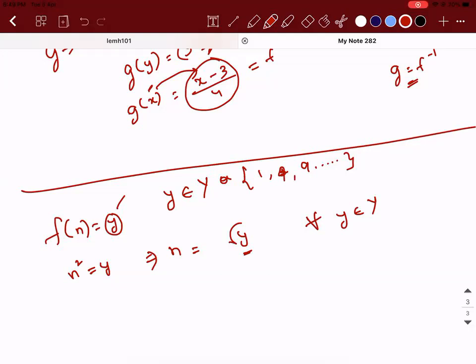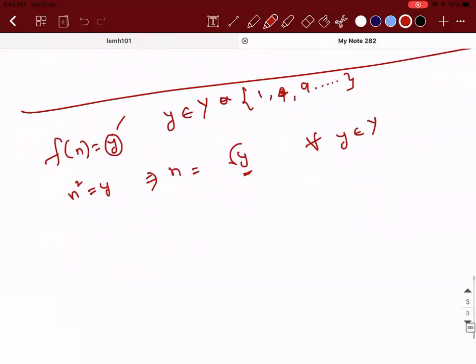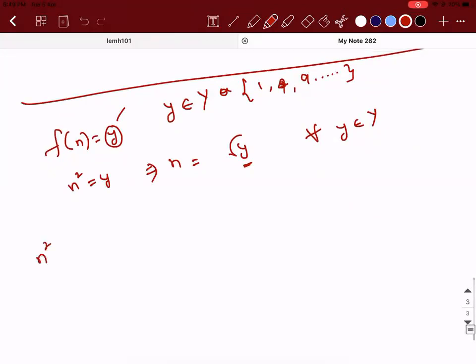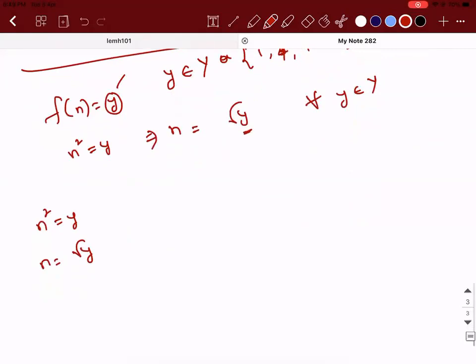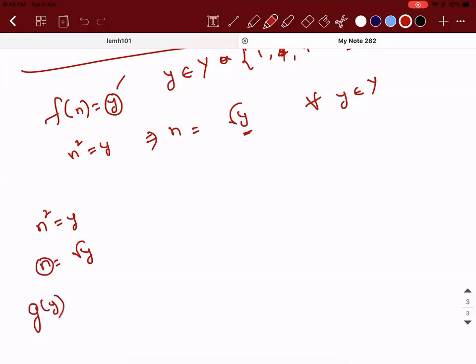Done. Now what is the next step? Finding the inverse of it. Finding the inverse, range and onto function all follow the same steps. First step, n square is equal to y, so n is equal to root y. Instead of x, you have n. We call it g of y, which is equal to root y.